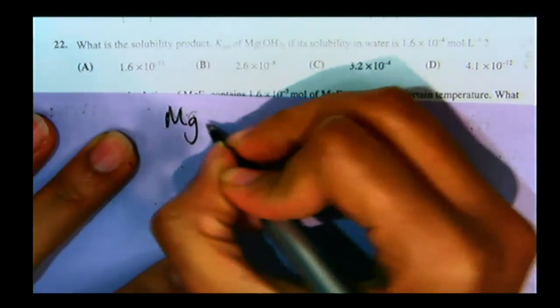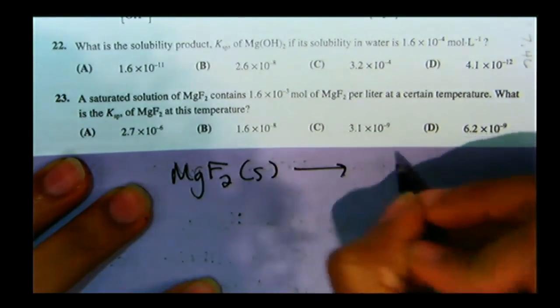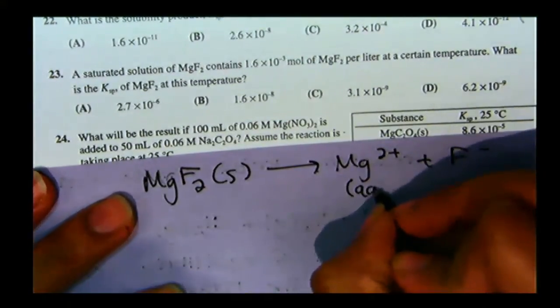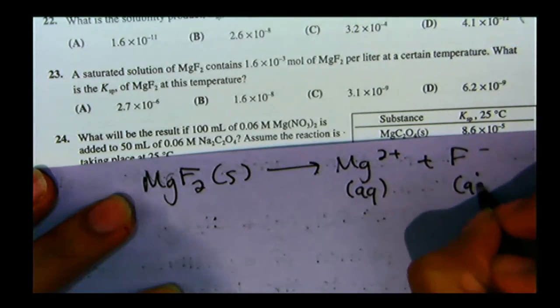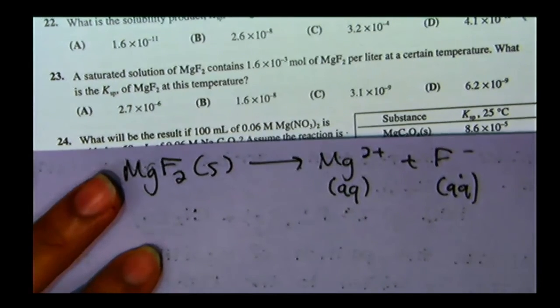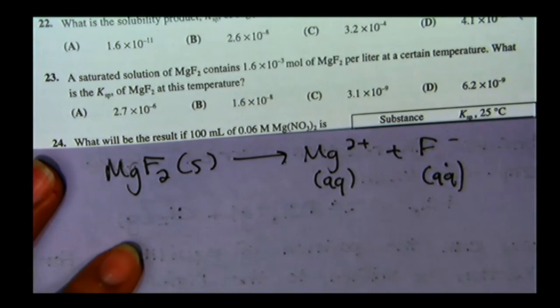The only things that matter in your K constant for equilibria are aqueous solutions and gases. Pure liquids and solids are not included in your equilibria expression. So when you make your ICE table, even though you start with this, all you care about is your end product.